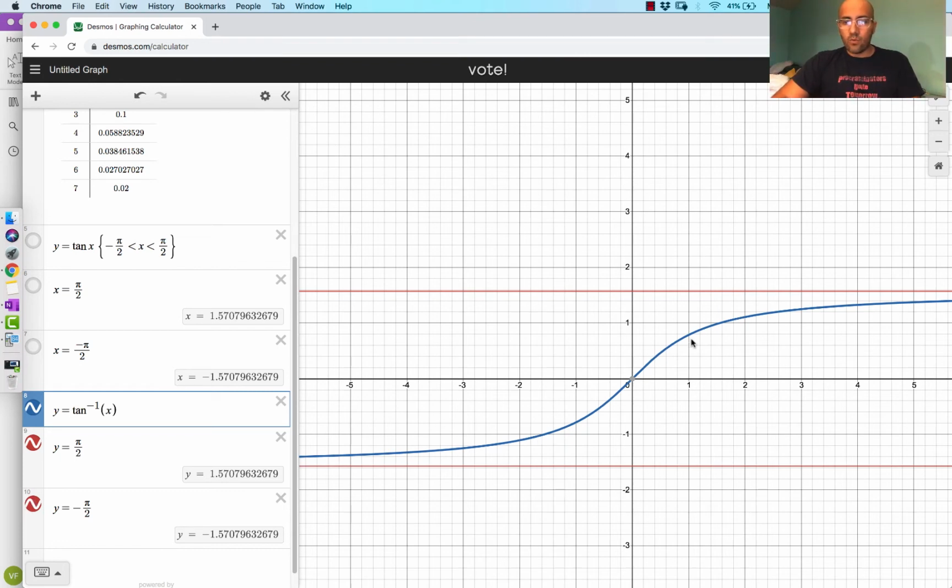And notice that this one value here is the result of this. The output is right there. Oh well. This is the horizontal line y equals pi over 2, and this horizontal line is negative pi over 2. All right, enough about tan inverse.